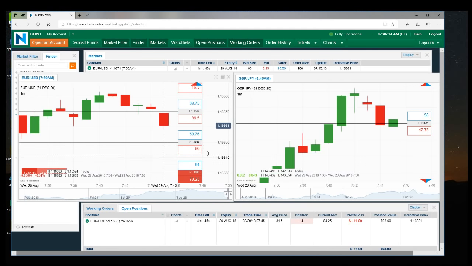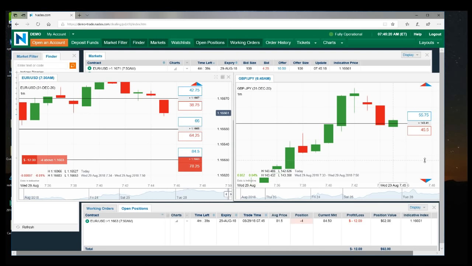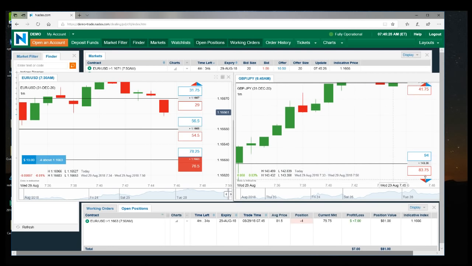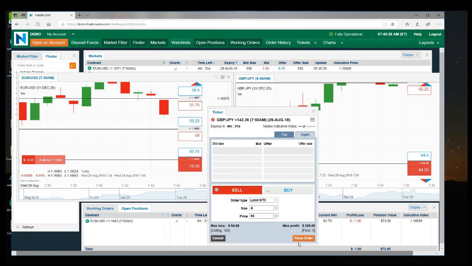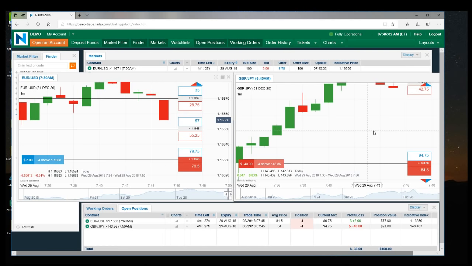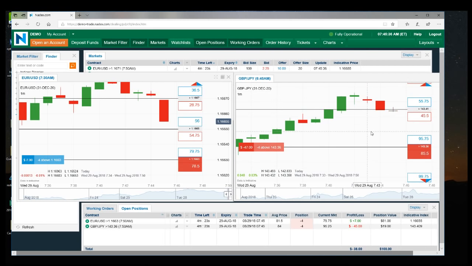I'm not really willing to risk that much on a 5-minute binary. You could if you wanted to, but I'm not going to. We have the potential over here on the British pound. The risk is minimal, so I would take that one. It's not a real strong reversal bar, but I do know that this one will move quite rapidly sometimes.